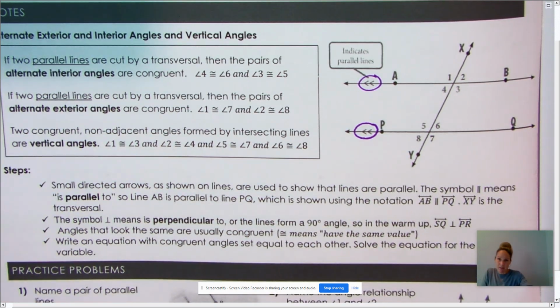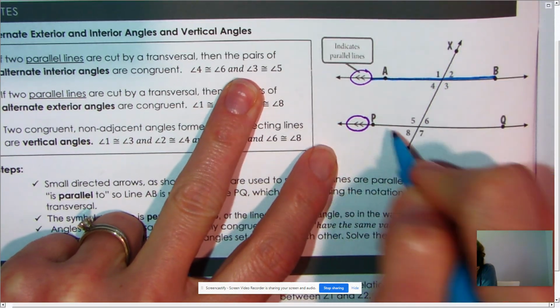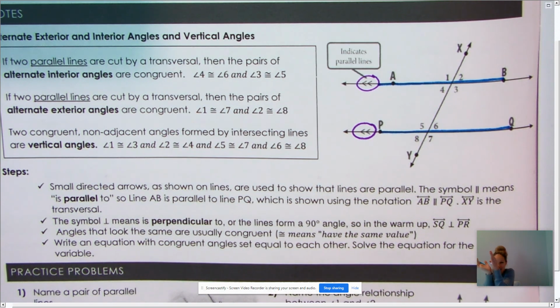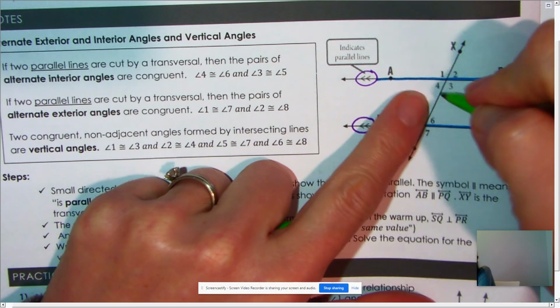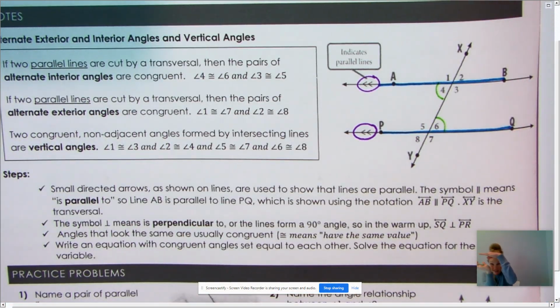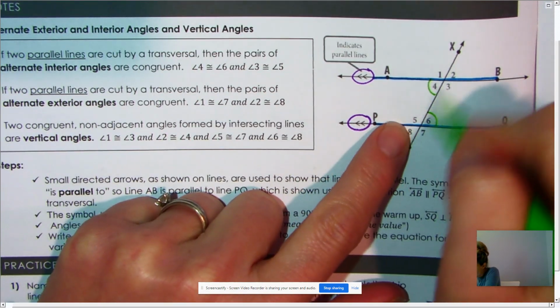So what I like to have my students do is just trace those parallel lines. So anything inside the lines on alternate sides of that transversal are alternate interior. Okay, so for example, 4 and 6 are both inside the parallel lines, okay, but they're on opposite sides of this line right here.